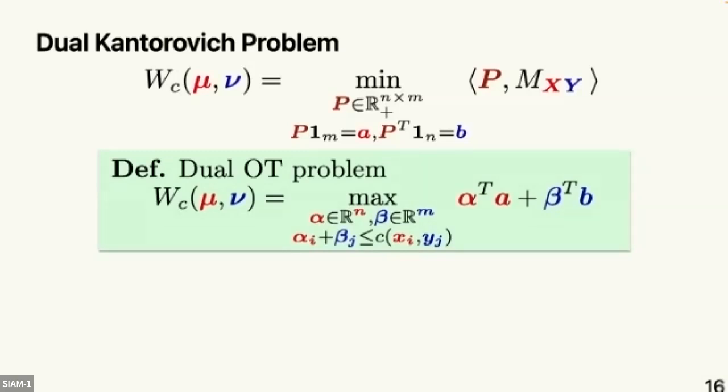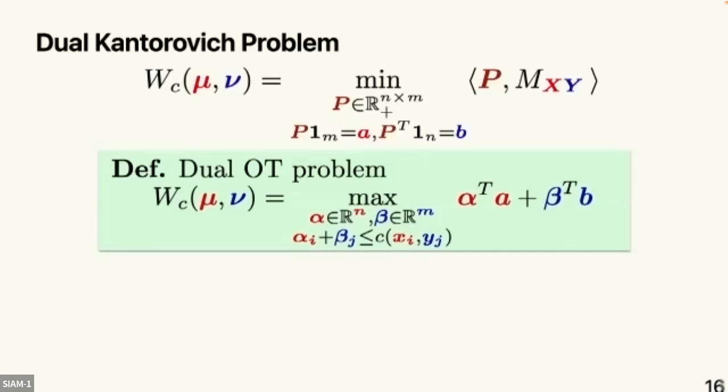And here is what the dual problem looks like. It is going to be an optimization of n plus m variables. That was the size of the set of the constraints here. And the optimization is basically maximizing the dot product between alpha, vector alpha, and the histogram A, plus vector beta and histogram B. And the constraints, as I told you earlier, will be essentially defined by this matrix.